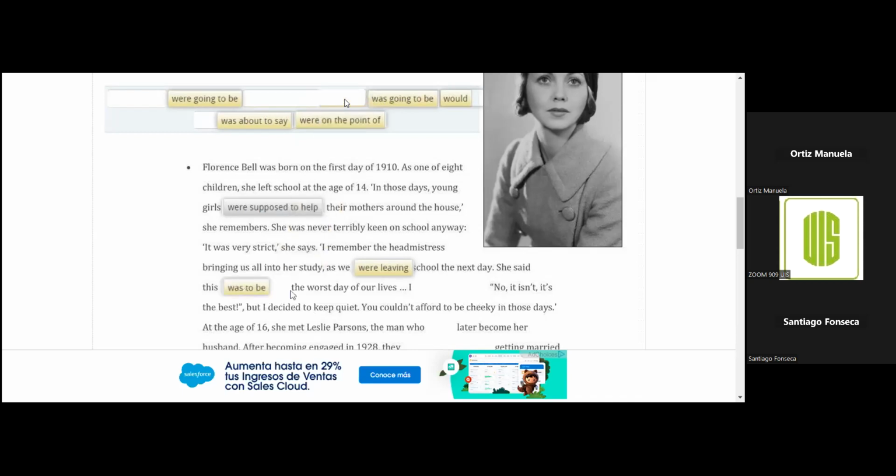Next was to be the worst day of our lives. Maybe. Or was going to be, maybe. Was going to be, iba a ser. Was to be. ¿Dónde está? Was going to be. Next. Ah, no lo había visto. Was going to be the best.